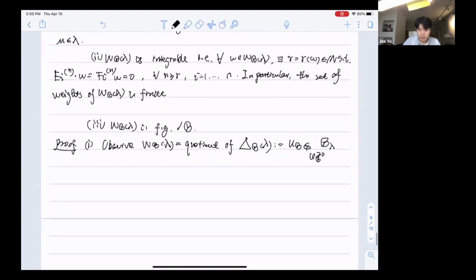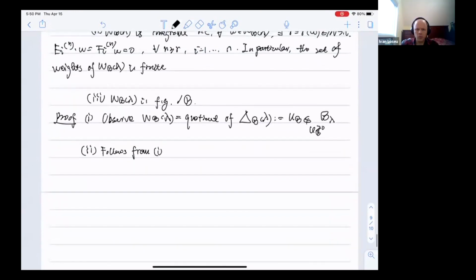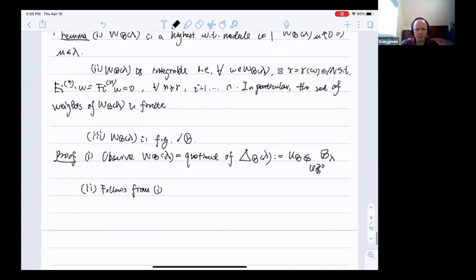The integrability of this quantum Weyl module basically follows from 1. This is very similar to the classical case. For the claim about the F's, you just need to use the relations.